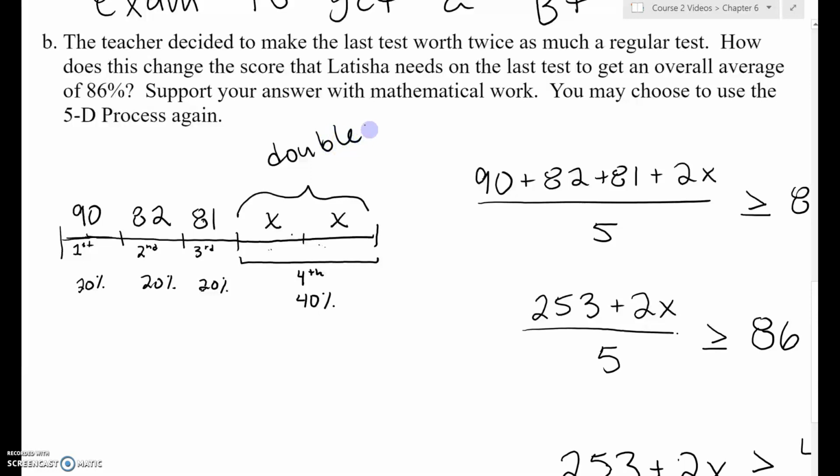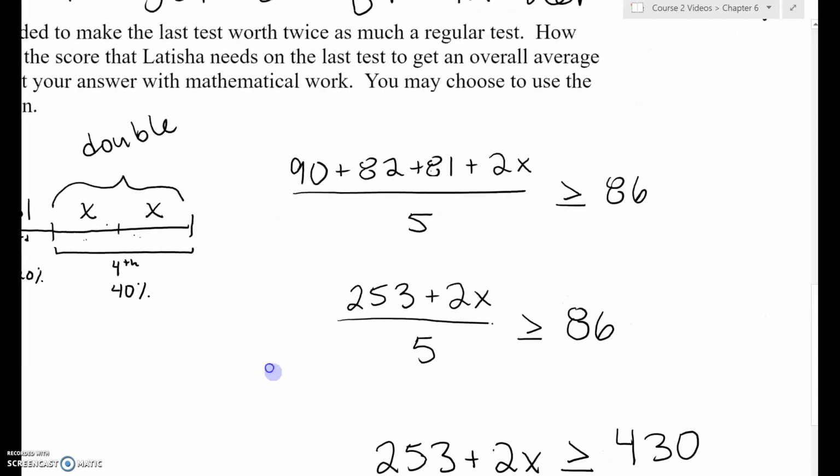So now our expression changes to 90 plus 82 plus 81, plus whatever we get times 2. It's like her taking 5 tests now, since this last one is worth double. We already knew that these make 253, and I want to figure out what X has to be here.